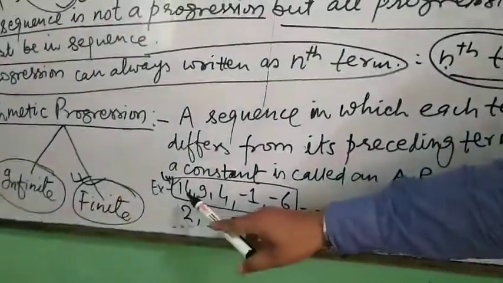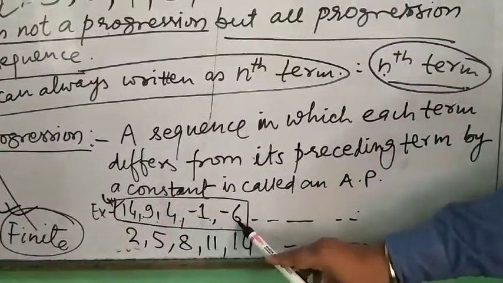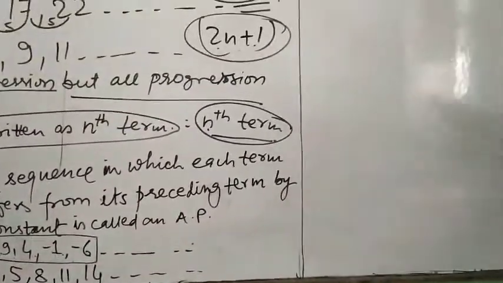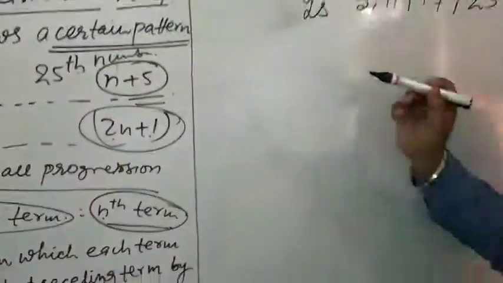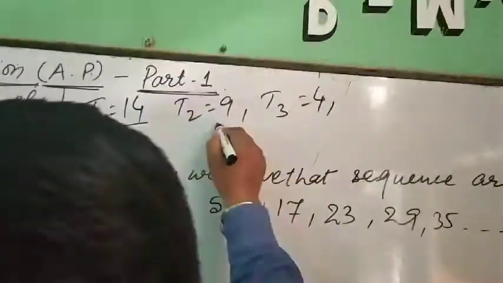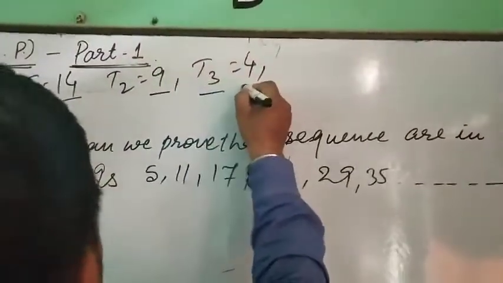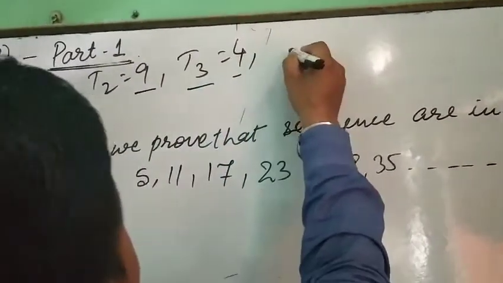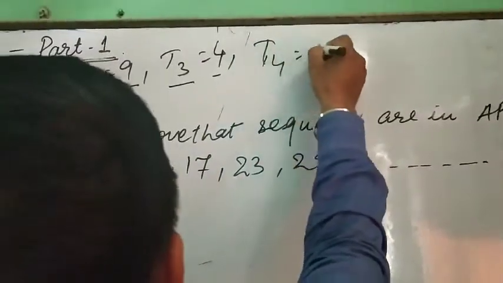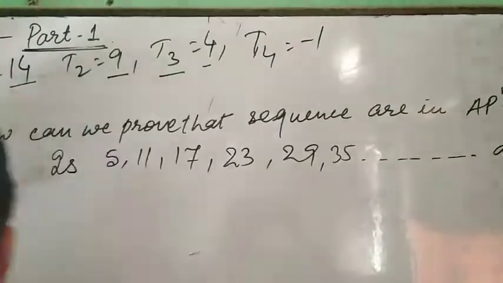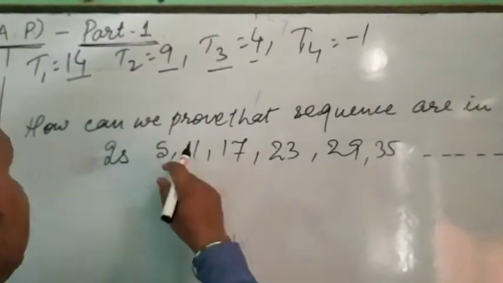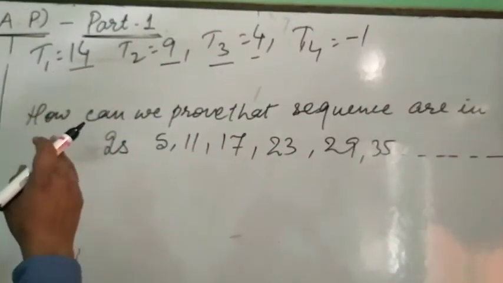In this sequence, 14, 9, 4, minus 1, minus 6, is an arithmetic progression. So term 1 equal to 14, term 2 equal to 9, term 3 equal to 4, and term 4, T4, equal to minus 1. What is the difference in these terms?